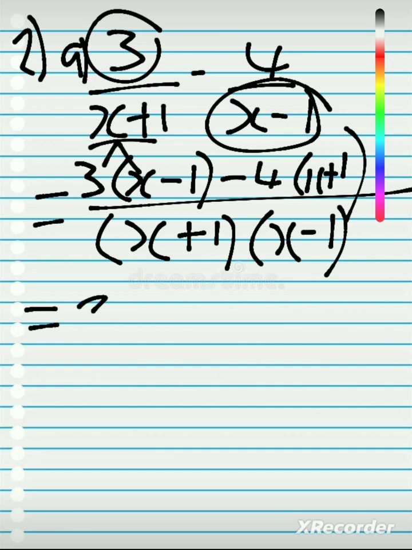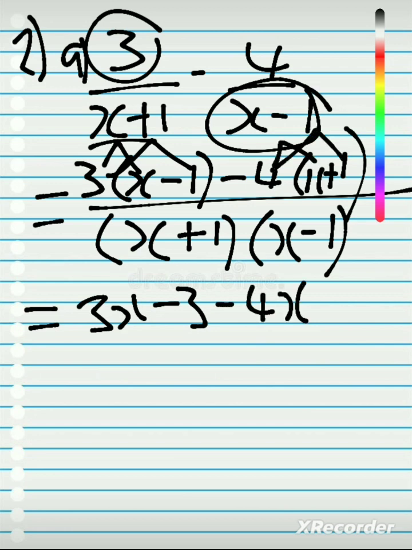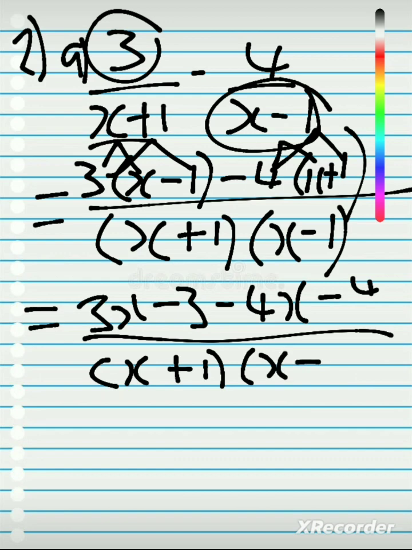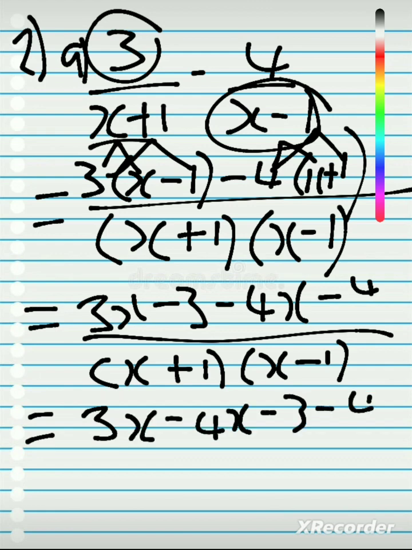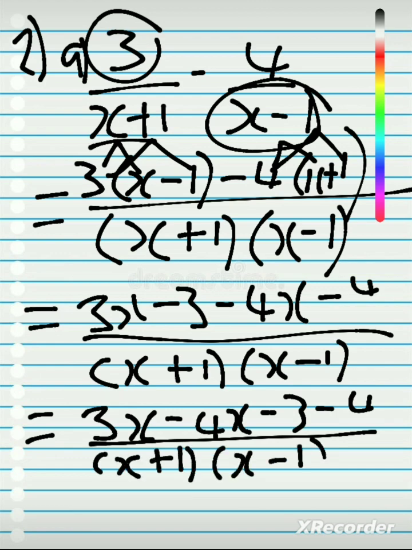3 times x is 3x. 3 times negative 1 is negative 3. Negative 4 times x is negative 4x. Negative 4 times 1 is negative 4 over x plus 1, x minus 1. So the next step, we can combine like terms. 3x minus 4x minus 3 minus 4 over x plus 1, x minus 1.